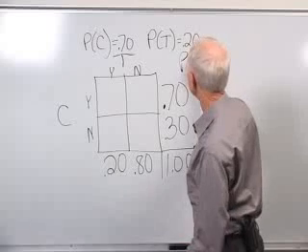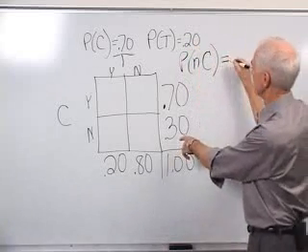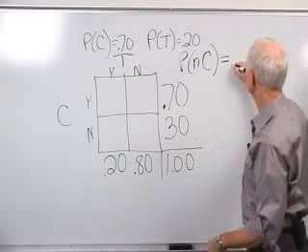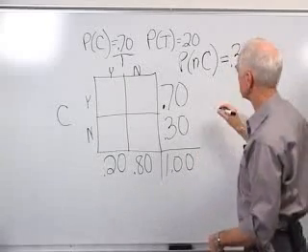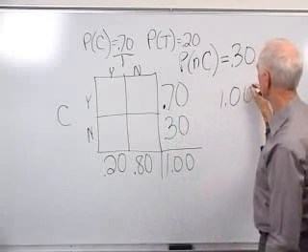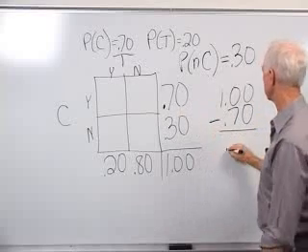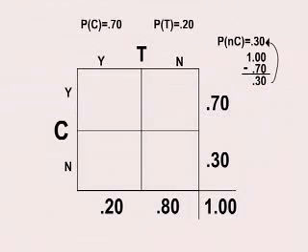We've discovered that 30% of our mall shoppers do not use credit cards. We solve for that by taking the fact that the probabilities sum to 1 minus the 0.70 that actually use credit cards, resulting in this probability.